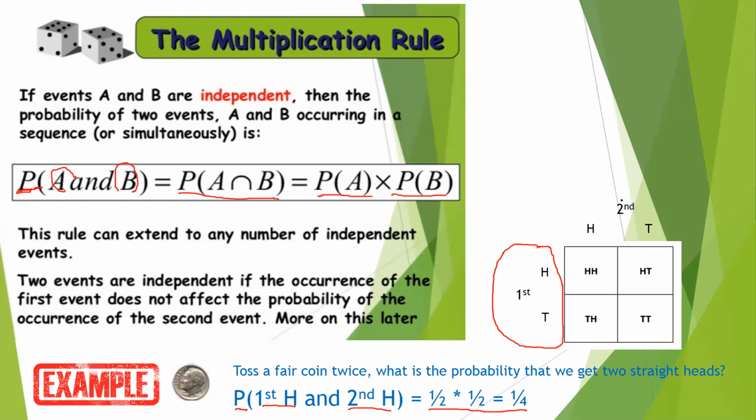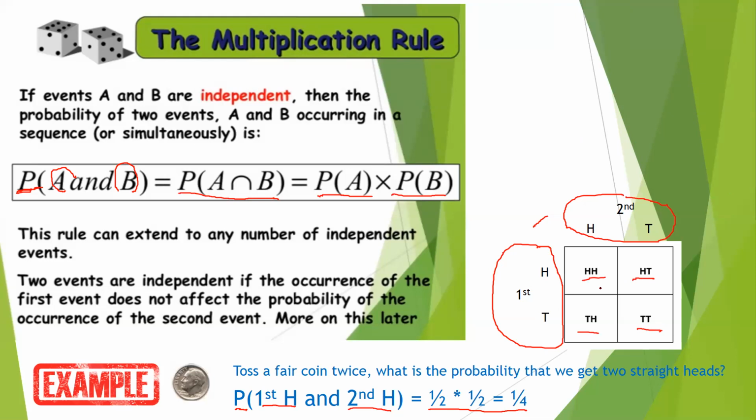And the same for the second toss. And we believe the first toss is independent of the second toss, which means the outcome from the second toss does not depend on the outcome of the first toss. I hope you agree with this. So if this is the case, we can see there are four possible outcomes, right?